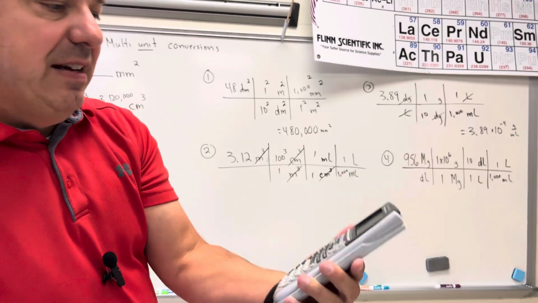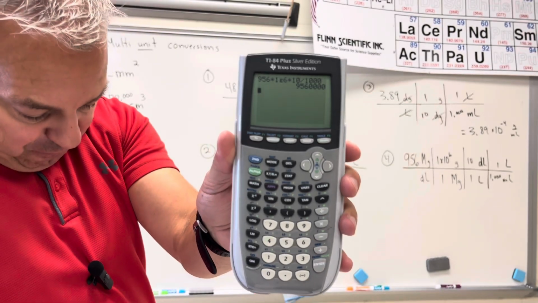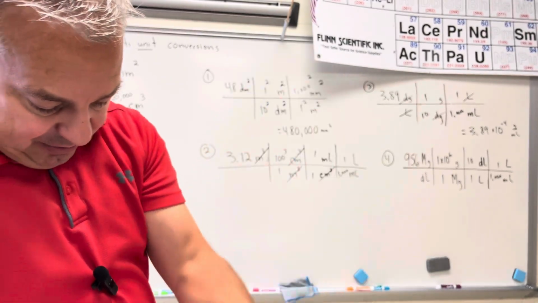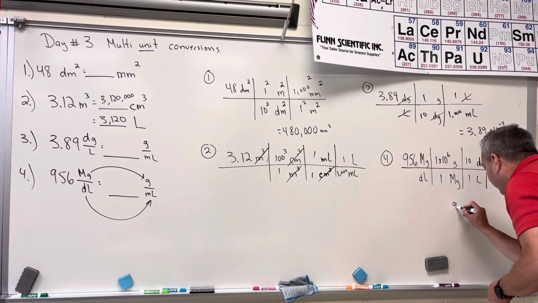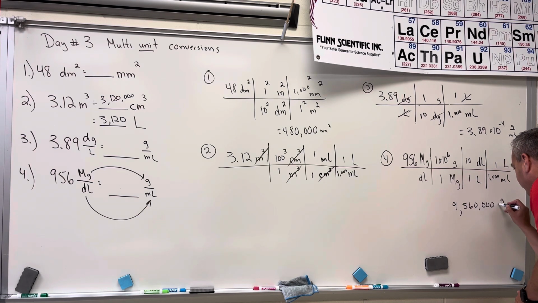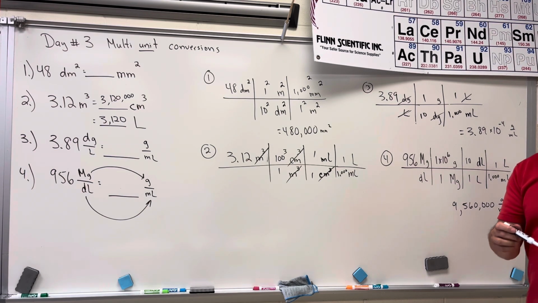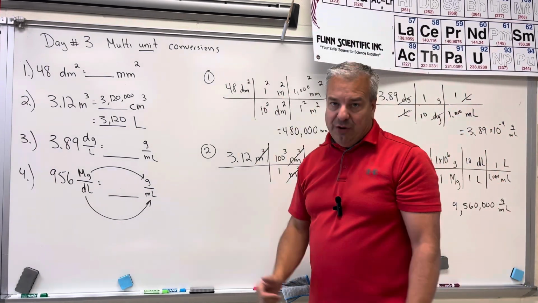And if you look at the answer, it looks to me like 9,560,000 grams per milliliter. And this is how you handle multi-unit conversions.